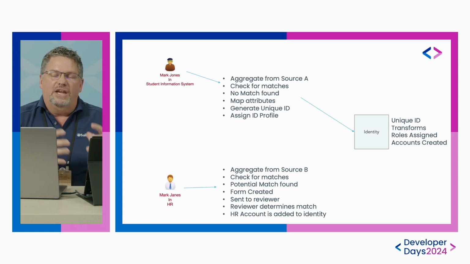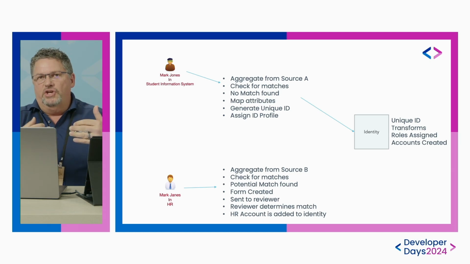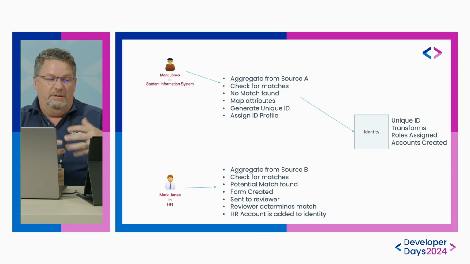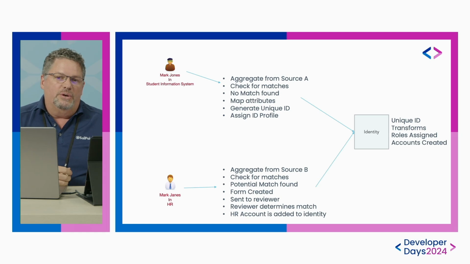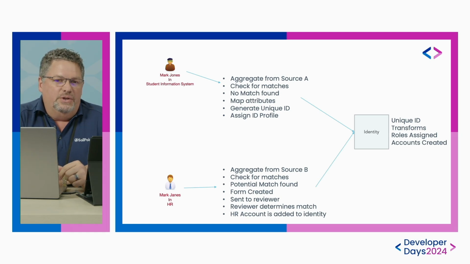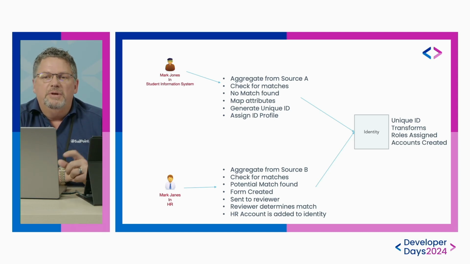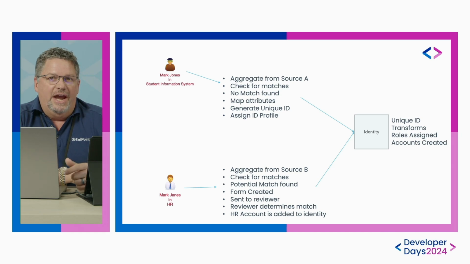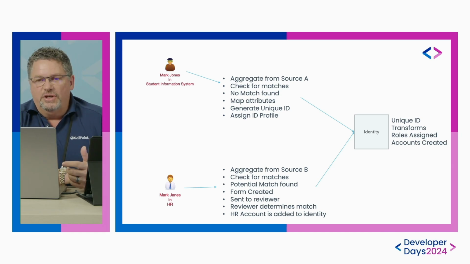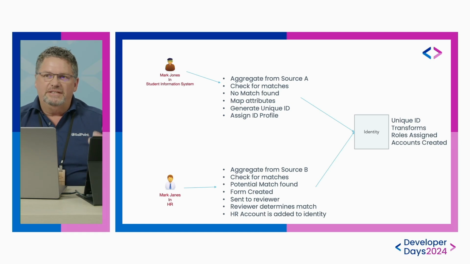So it allows us to stop that aggregation in midstream, and go through and determine, yes, this is the same person. So let's just assign that HR account to the identity, right? Bolster up that identity cube, have the additional accounts in there, and go through and do whatever we need to do from a provisioning perspective, right? Makes sense?